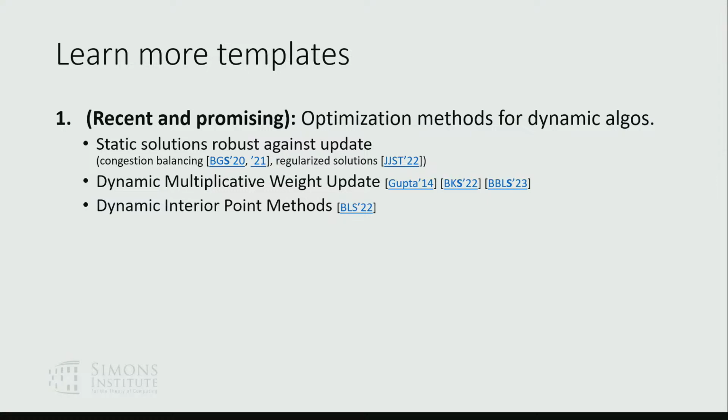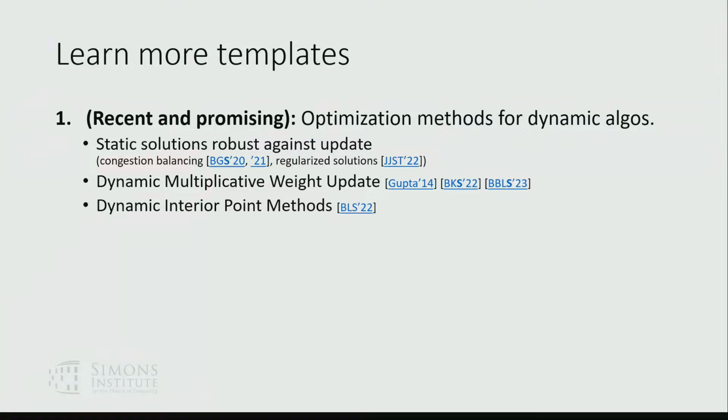For example, he mentioned something like a regularized solution. There are ways to compute a static solution. It's not dynamic. It's just a static solution that itself is robust enough against updates.